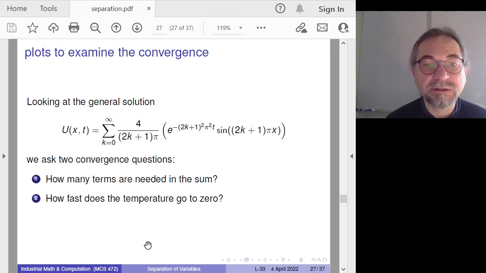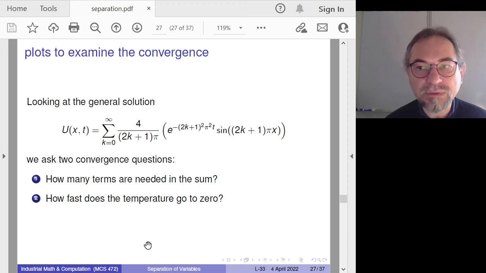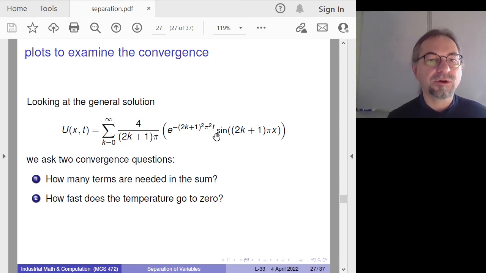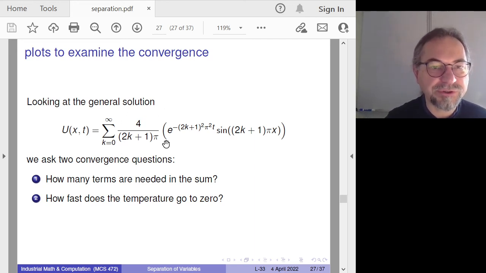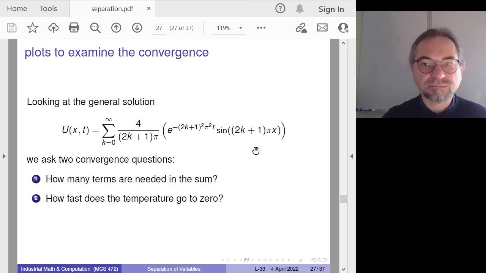How many terms are needed? So about this infinity. And we let t go from 0, we have this exponential decay term. So the amplitude starts at 1 at t equals 0, actually not at 1, so we have these coefficients here. But how fast does this actually go to 0?